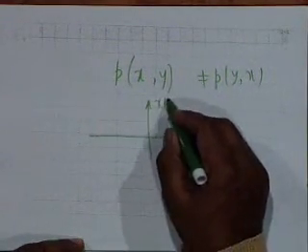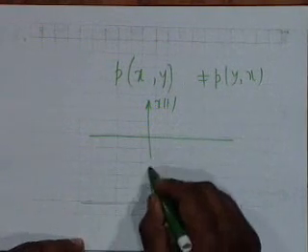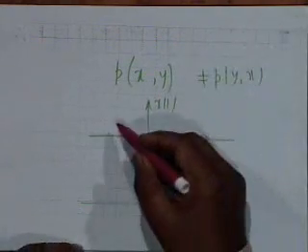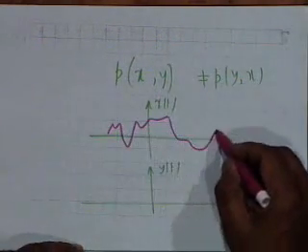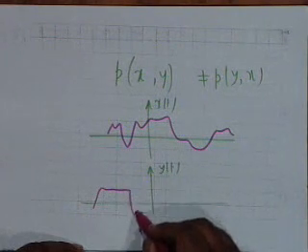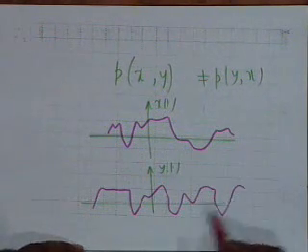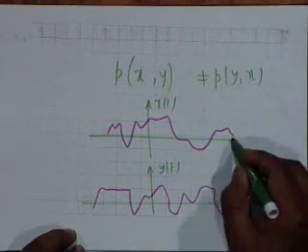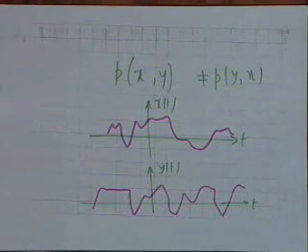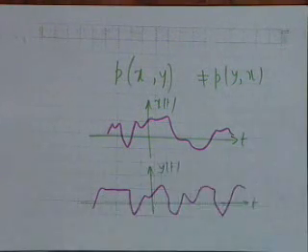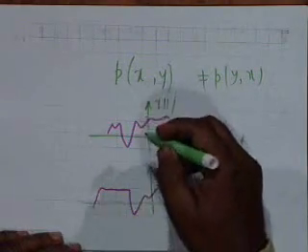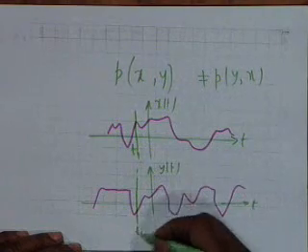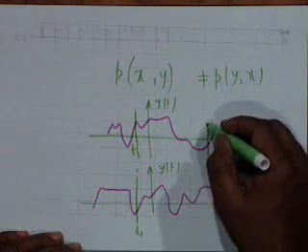Suppose x of t and y of t are two samples from two random processes. Let us say x of t is like this and y of t is like this, some arbitrary random function t versus t. And suppose we fix our t1 somewhere here, and t2 is somewhere here.